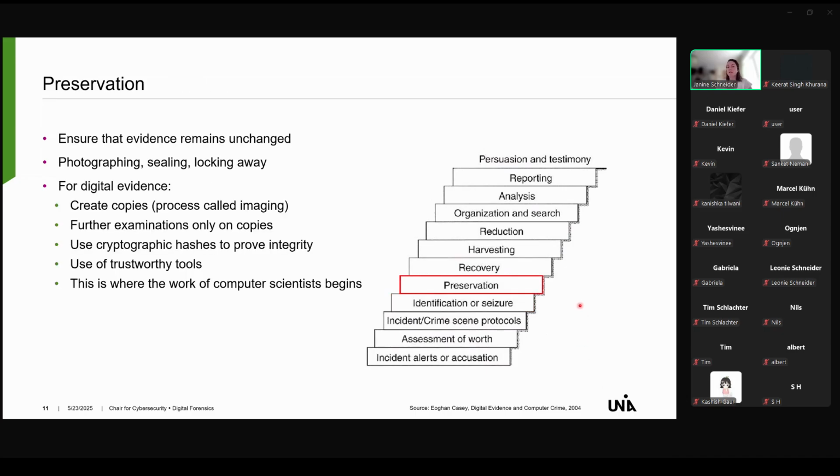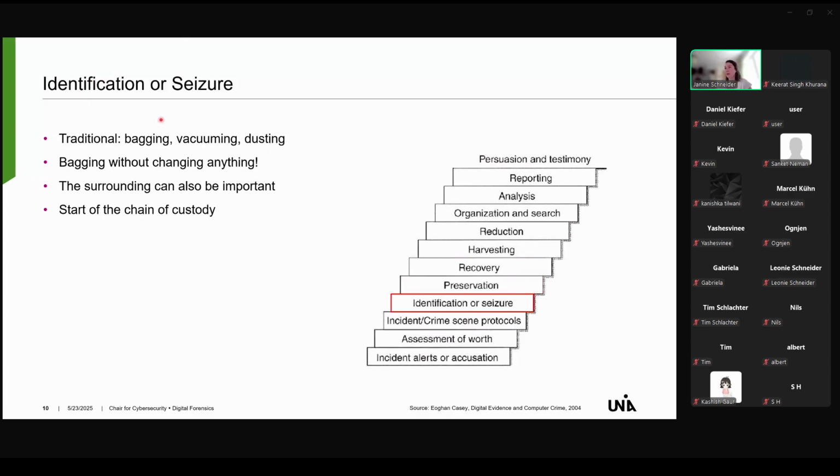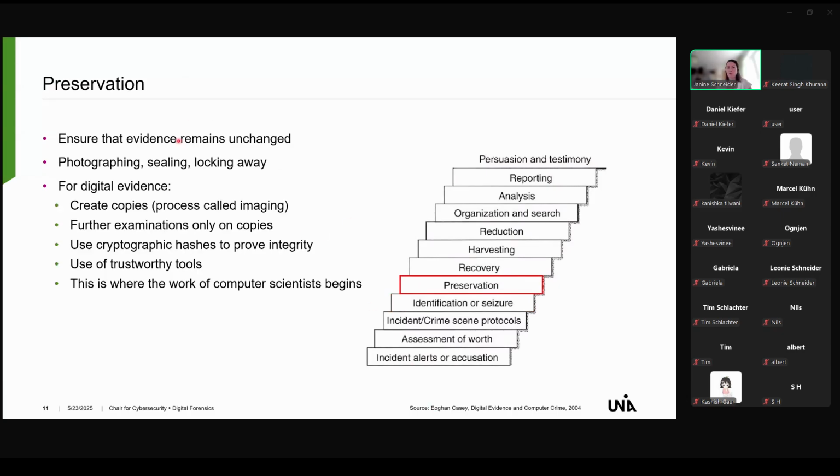So next step, and this is where the digital forensics experts come into play. This is where the technical stuff starts. Preservation means that you ensure that the evidence remains unchanged. For example, we have identified an HDD at the crime scene. We now go over to preservation steps. What we want to do with our HDD is copy the data from the HDD, and while we're doing that, we want to ensure that the evidence remains unchanged.